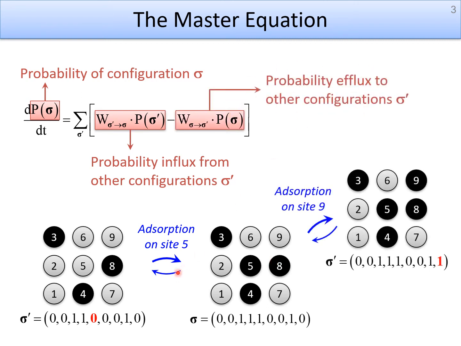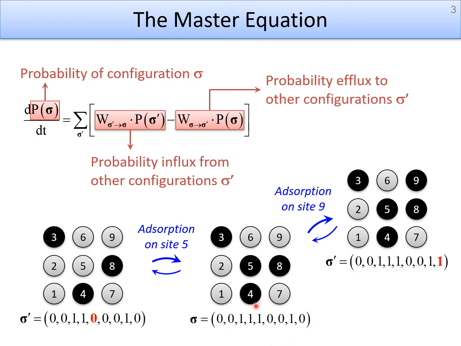So desorption from site 5 would give rise to this. Adsorption on site 9 would give rise to this configuration over here, right? So this would be another example of probability efflux because of an elementary event, in this case adsorption on site 9, which gives rise to this configuration from this configuration.